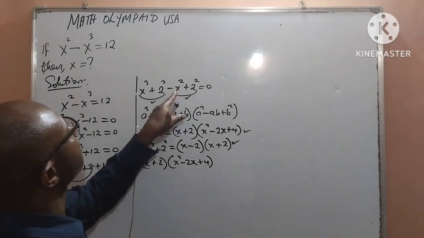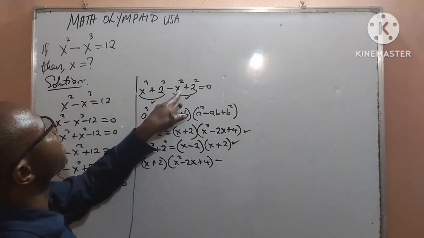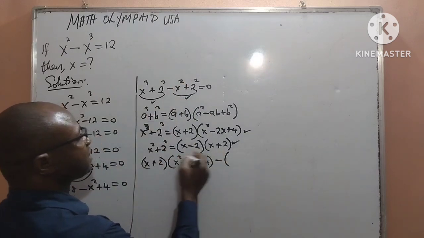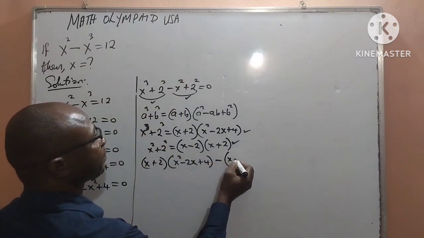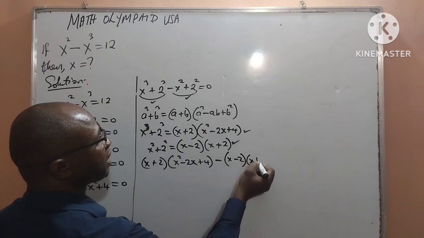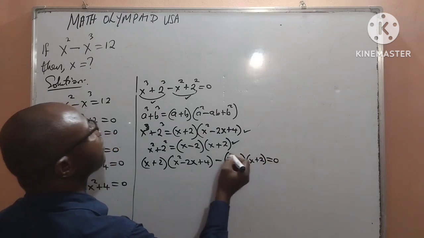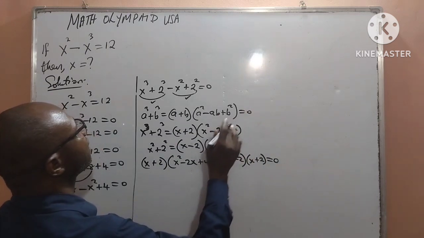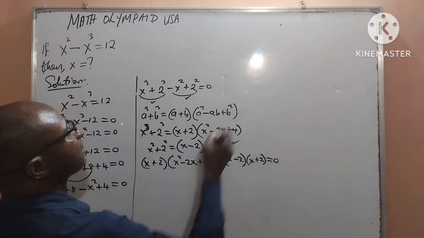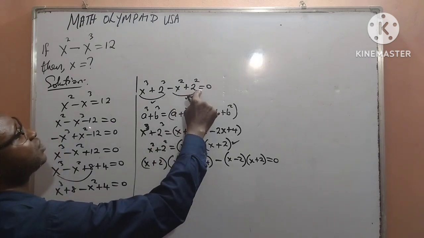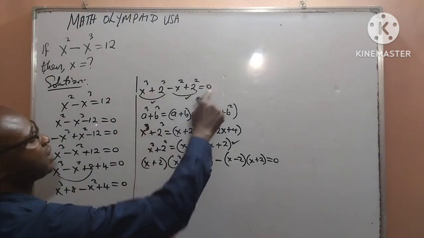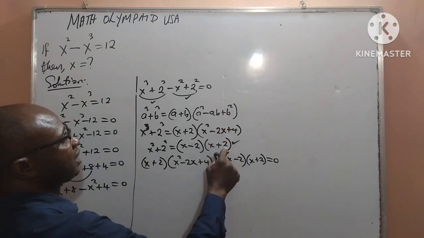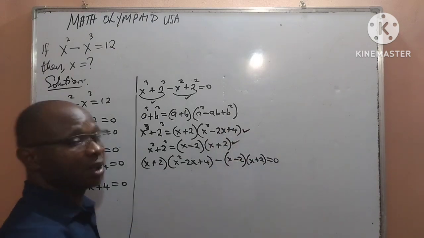Then, for minus x raised to the power 2 plus 2 to the power of 2, which is expressed here as difference of 2 squares, which is x minus 2 into x plus 2. Everything, remember, is equal to 0. That is, the whole of this is equal to 0. So having replaced it here with the expressions I have here and here, it is still equal to 0.